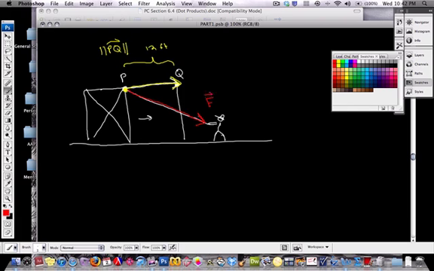It matters what direction he's pulling on the door with. It tells us the angle between the door and the rope is 60 degrees. So this theta is 60 degrees.